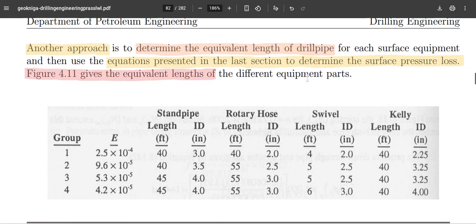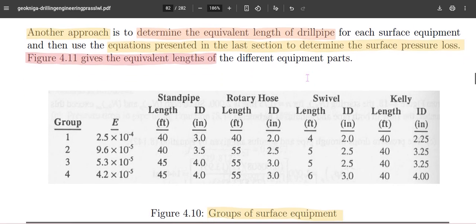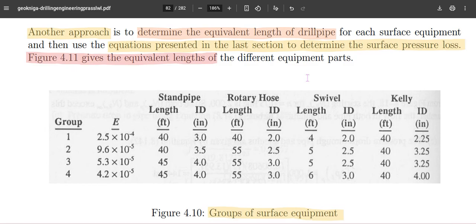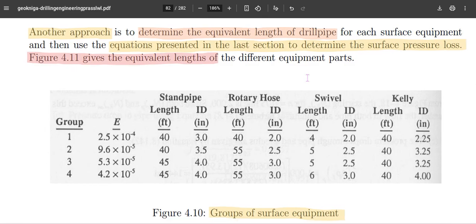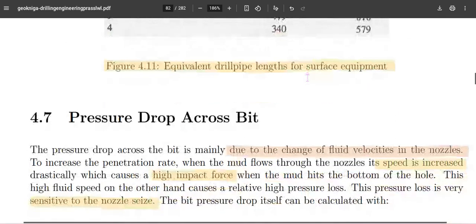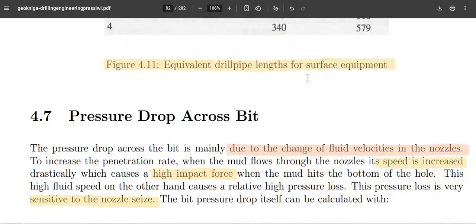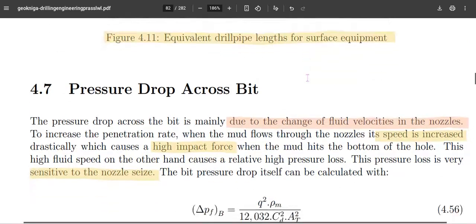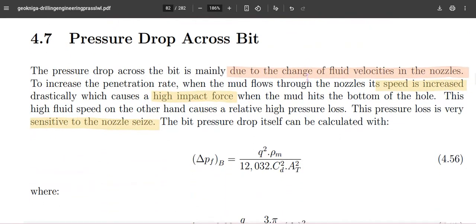Those frictional pressure drops are related to the mean velocity, with either a linear or non-linear relationship for the turbulent flow, similar to the Bingham plastic and the power law model for the non-Newtonian fluid.